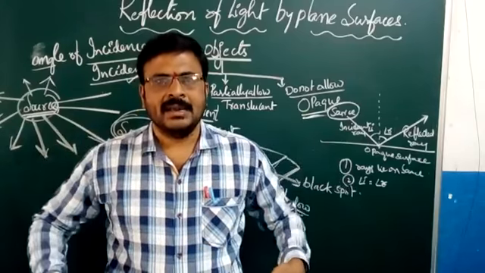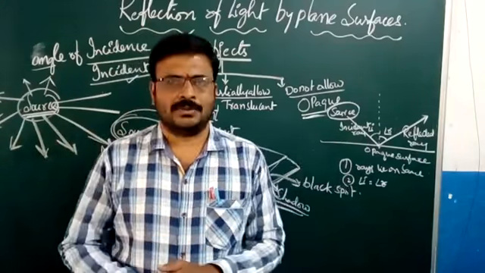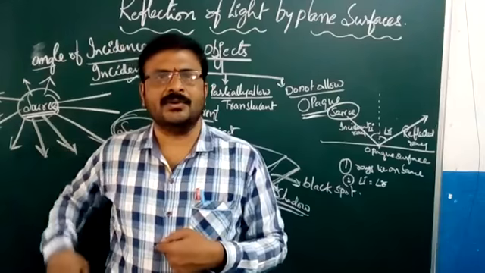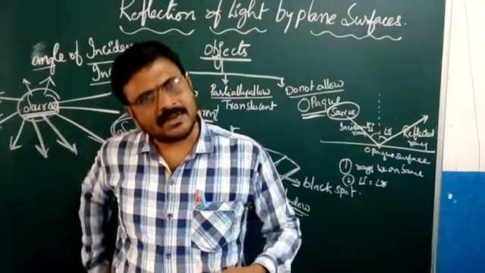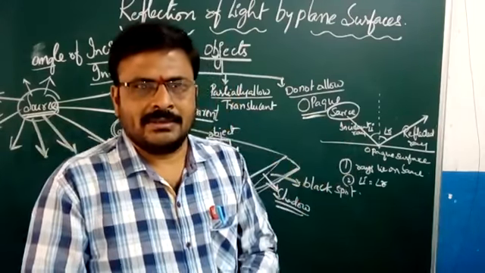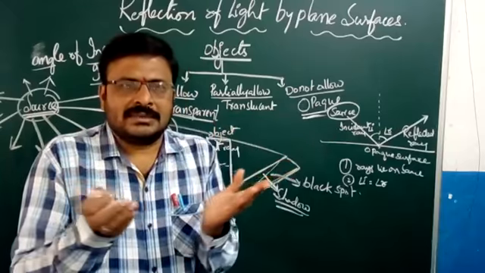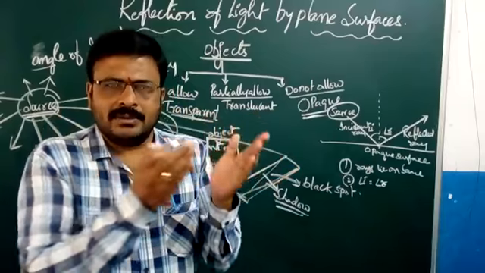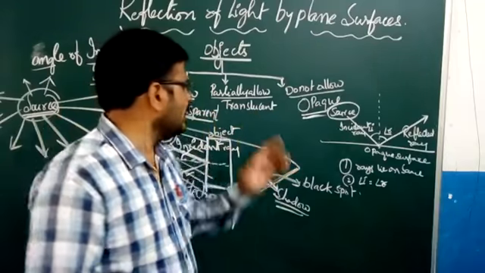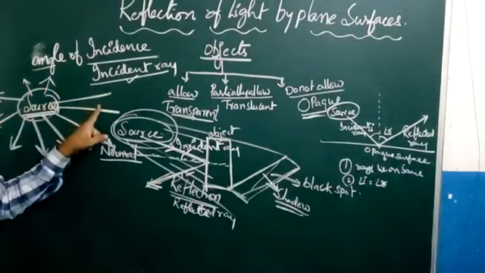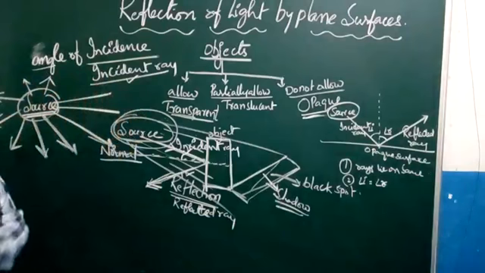It is not bending, and therefore a shadow is formed. If the light falling on me were able to take a curve, then it would go like this and after that it would be able to travel. If it could bend and travel, it would never form a shadow, and therefore it is clear that light travels in a straight line.